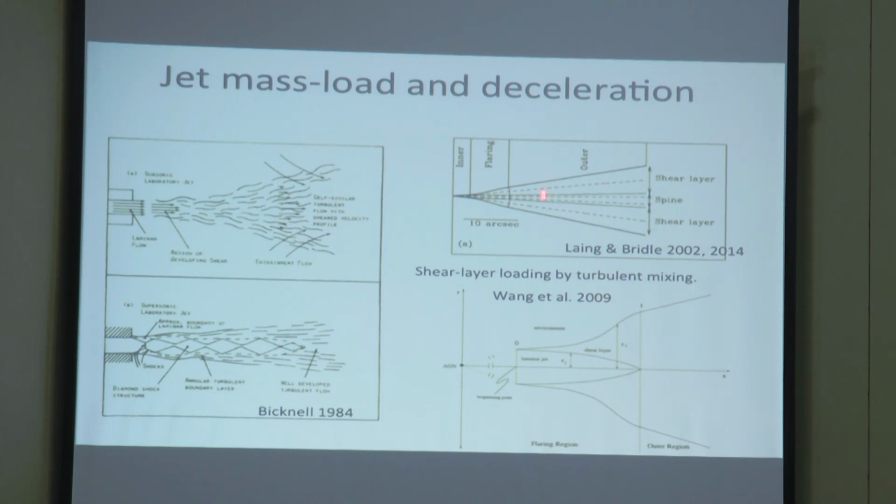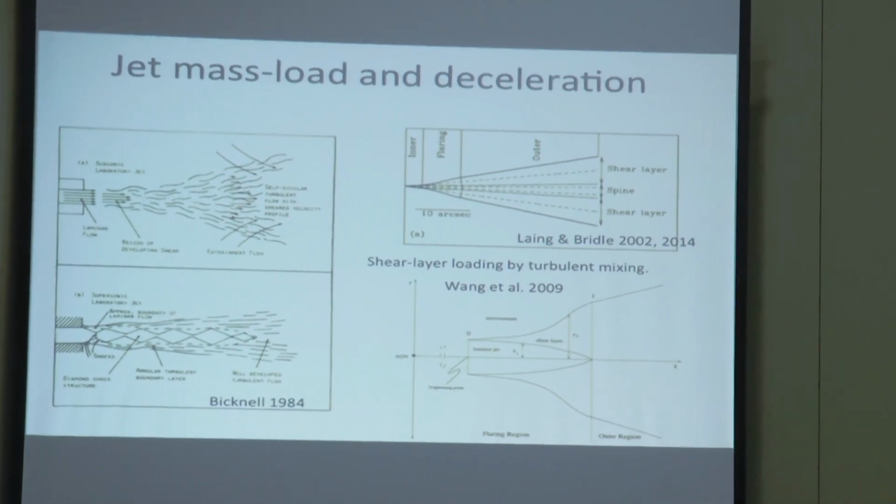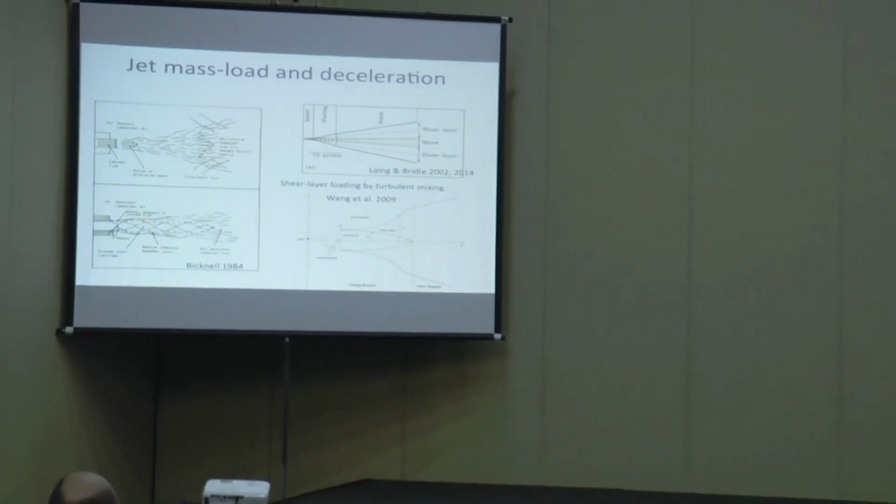And here there is a model by Laing and Bridle for sources like 3C 31, FR I jets, that model the observed structures and derive well-defined velocity evolution of the jet using the asymmetry or symmetry of jet and counterjet and the magnetic field structure, as I'll show you.